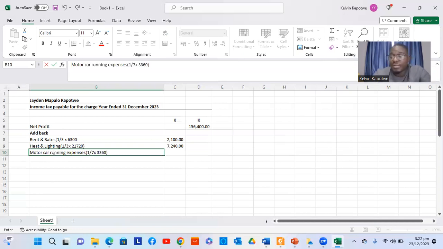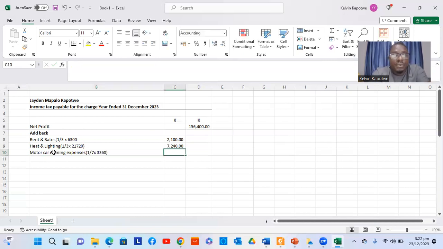So we are looking at 480 kwacha. 480 kwacha is going to be disallowed.